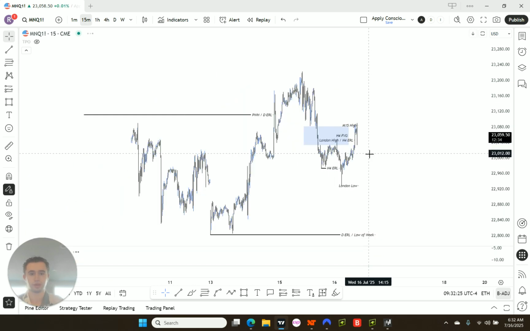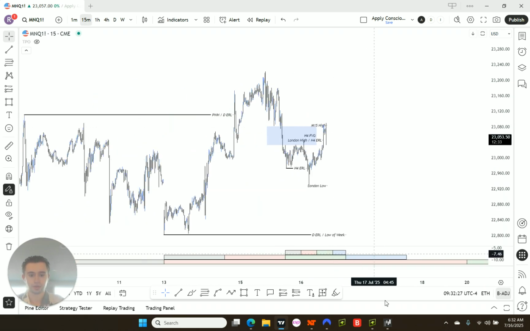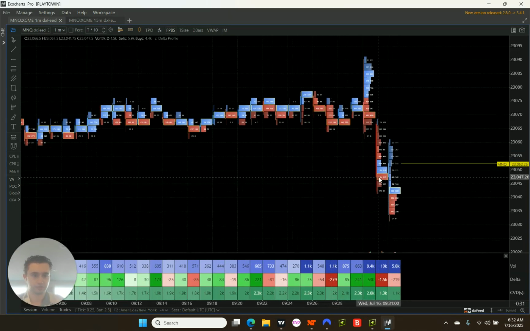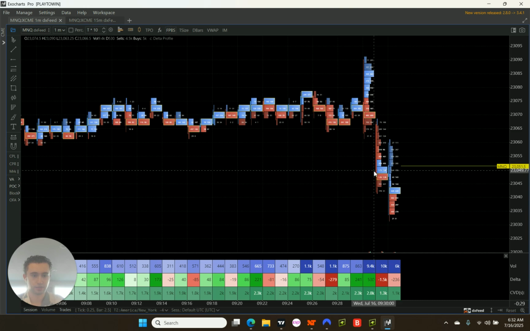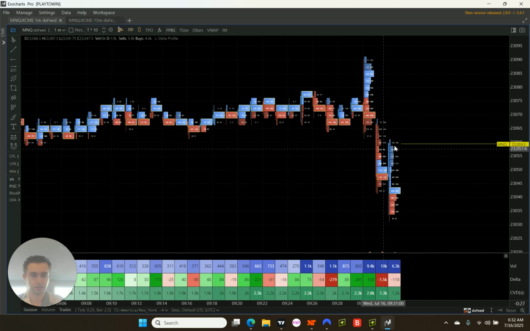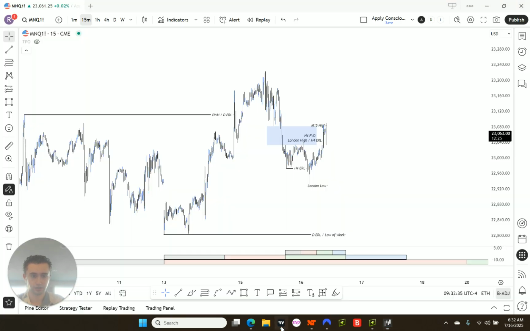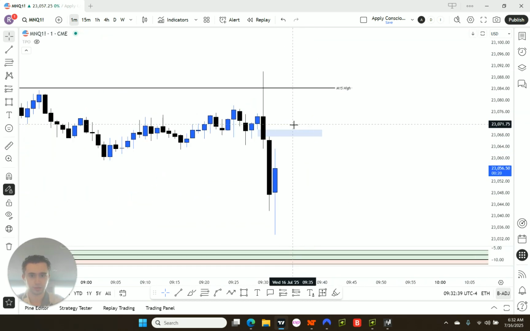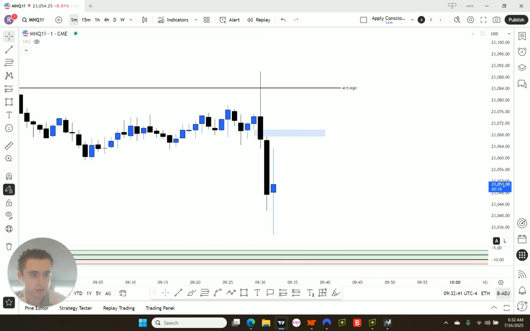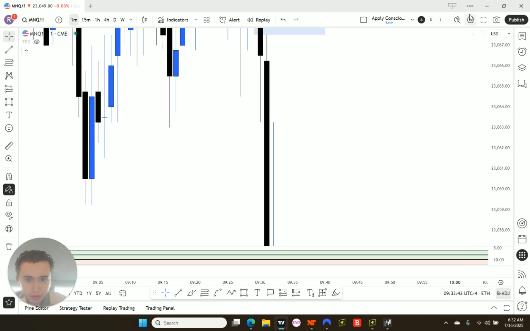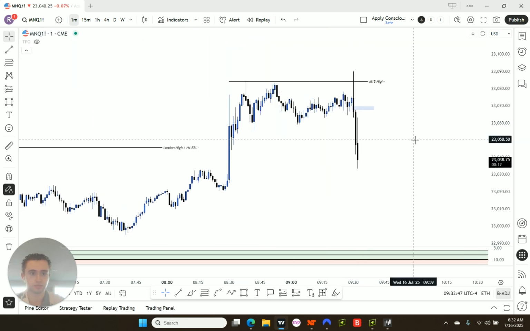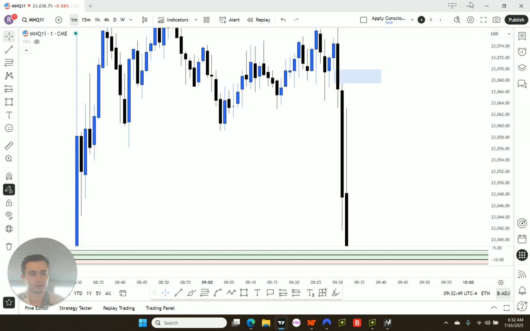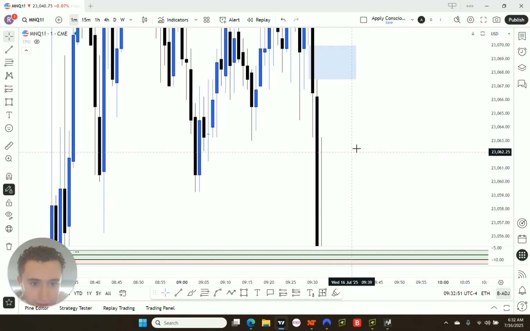to confirm that reaction. A lot of selling. Price is actually coming all the way back up to that fair value gap. Okay, I don't know.